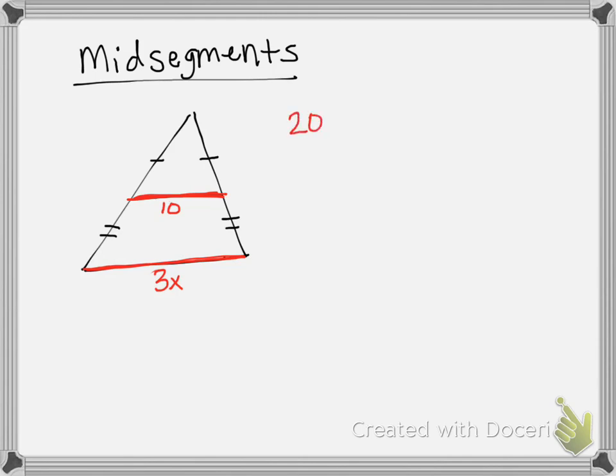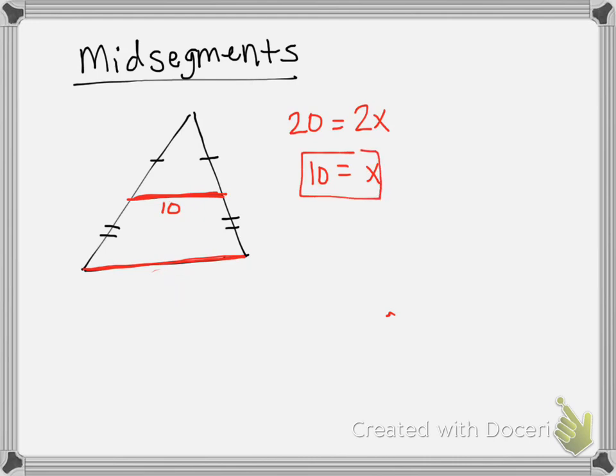So 20 has got to be equal to 3x. Okay, maybe it'd be simpler if this was a 2x. So 20 is equal to 2x, and that's going to be a simpler problem for us to do. Obviously, you divide by 2, and you get that x is equal to 10.